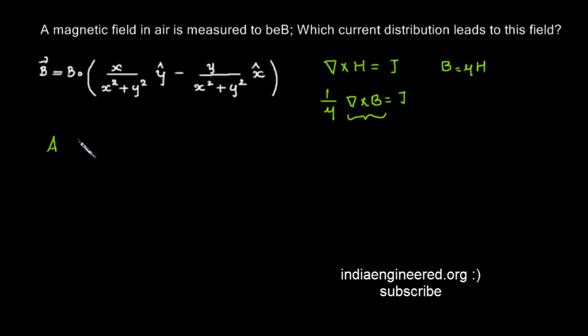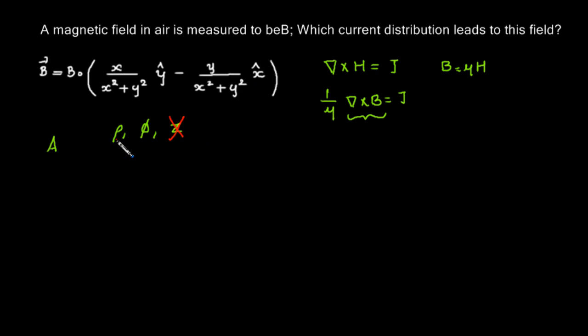The cylindrical coordinate system is composed of rho, phi and z. Here we do not have a z term, so we need not worry about the z component, because the z in Cartesian and cylindrical coordinate systems is the same. So if there were a z component, it must also be present here, which is not the case.